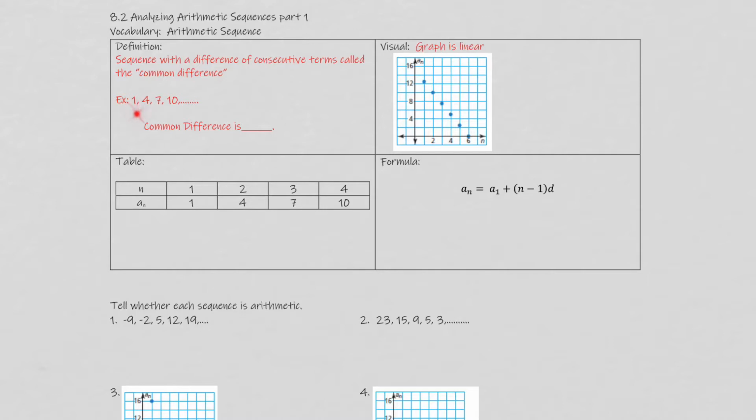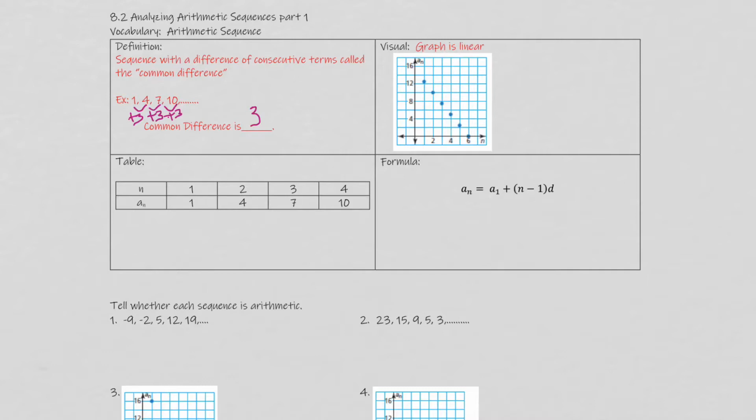Between 1 and 4 it went up by 3. 4 and 7 went up by 3. 7 and 10 went up by 3. So that is constant, which is the reason it's arithmetic. It's a constant difference between those terms, and my common difference here would be a 3. We're going to be looking for that a lot.